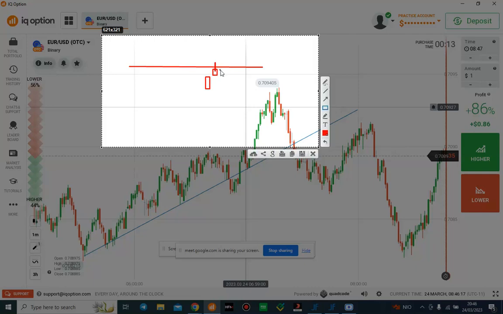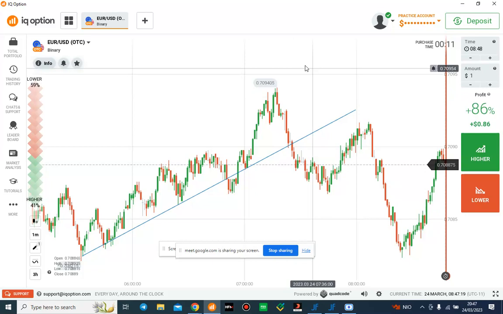So you might think of going with sellers on the next candle, but the next candle opens here, then forms a green candle. If it happens like this, it is a real breakout. But if the price comes back to the range, that is a false breakout.